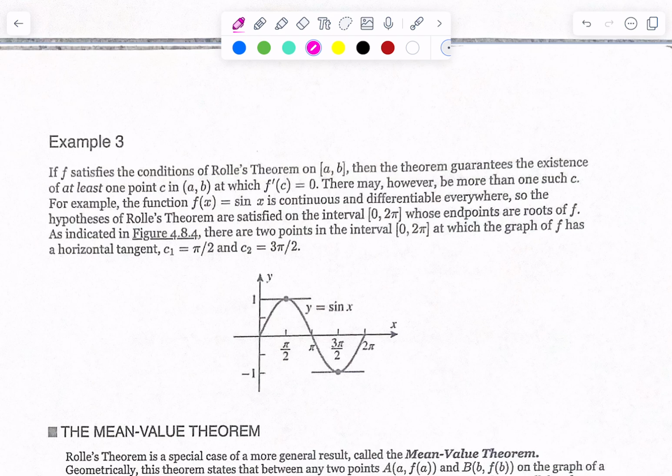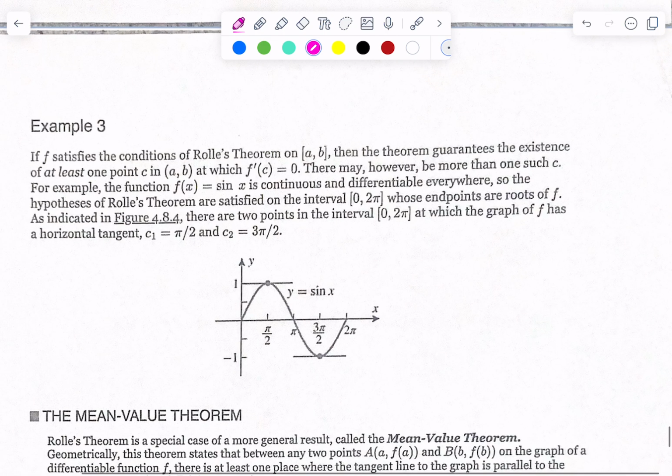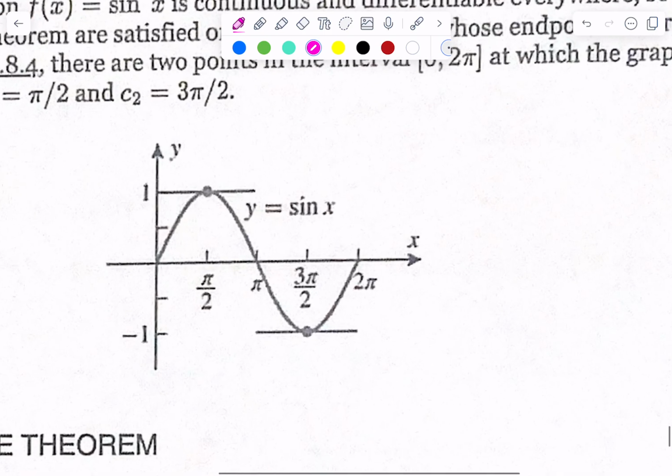All right. If f satisfies the conditions of Rolle's theorem from a to b, then the theorem guarantees the existence of at least one point. There might be more than one point. For example, if my interval is going from 0 to 2 pi, because we're doing sine, we're in radians.